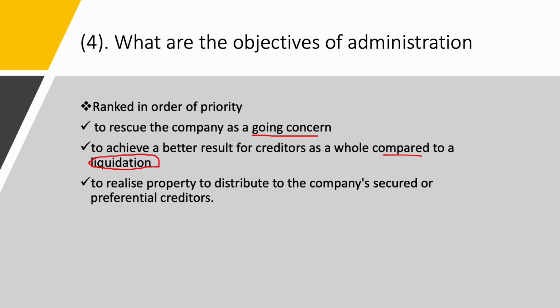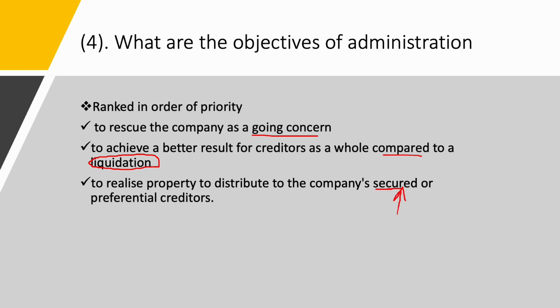And then, of course, the other thing we need to appreciate is that the other objective of administration is that the administrator can realize property and distribute it to the company's secured and preferential creditors. When we talk about a secured creditor, this is a person who gave their money to the company and the company provided security.